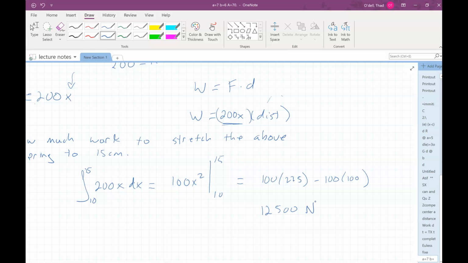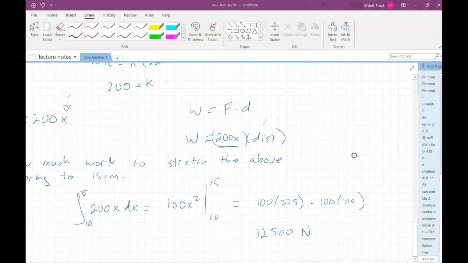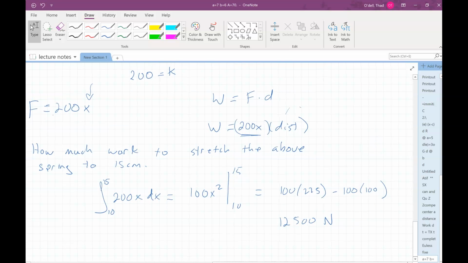Oh whoops, back up. Remember we said we had to be in meters, so this is a good chance to show that. Really we want to go from 0.1 to 0.15.